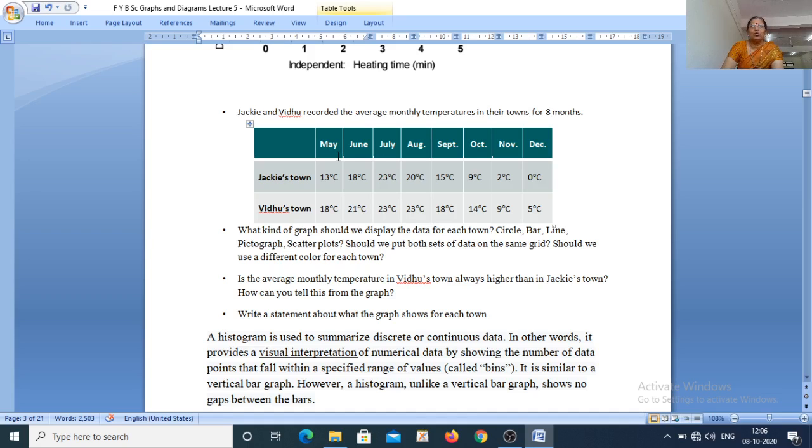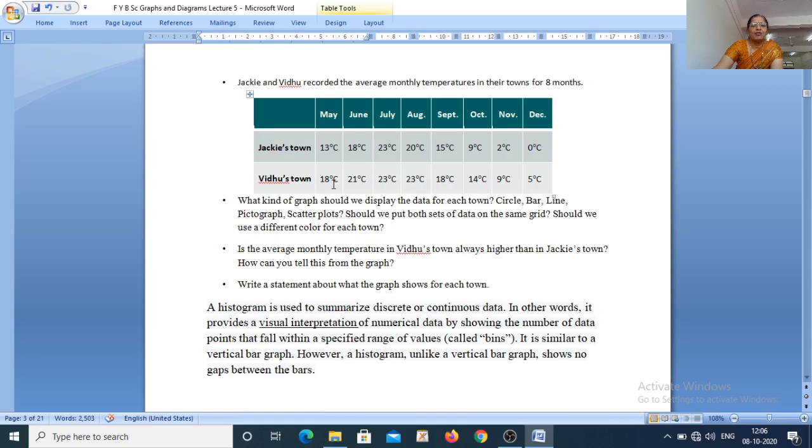So you will have two graphs simultaneously, and by looking at the graph you can say what is the relationship between temperature in the two towns, or is there any constant difference between the temperatures, and such things can be judged through the graph.